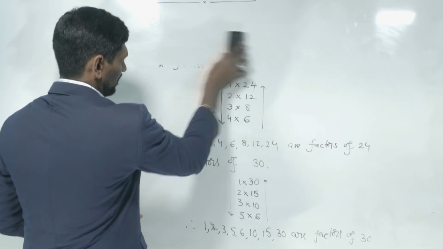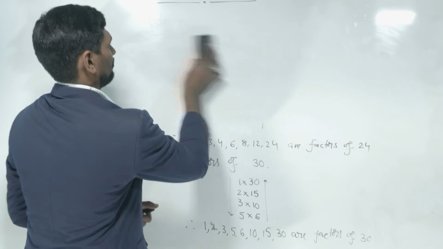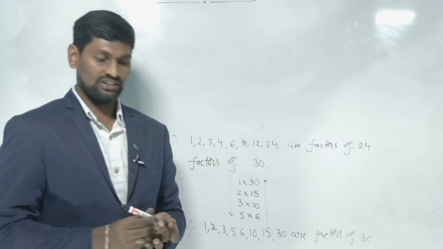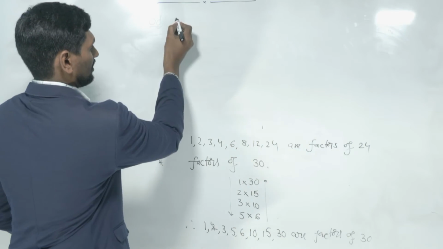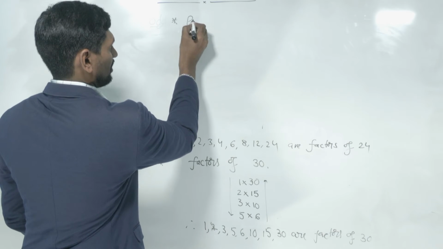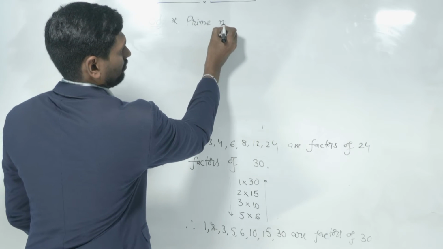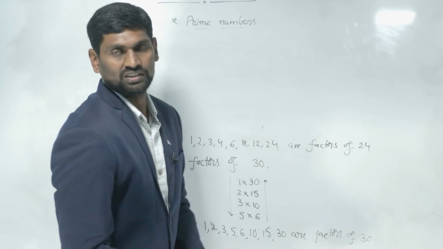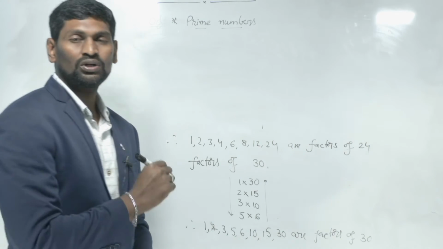So even numbers, odd numbers, multiples and factors, we completed. Now a very important one is prime numbers. Now you know about the factor.